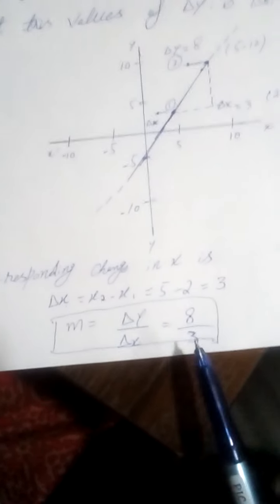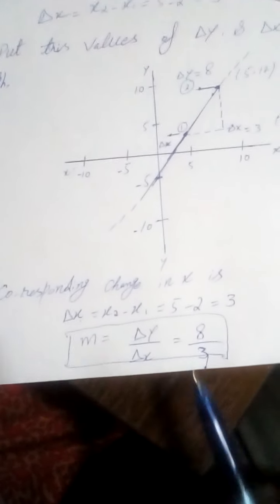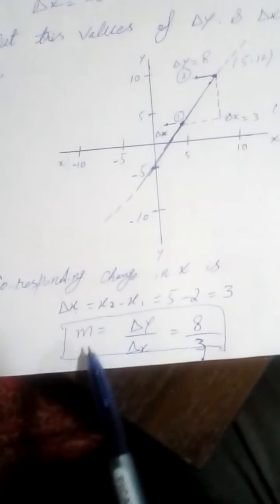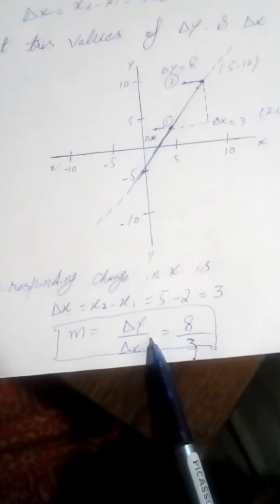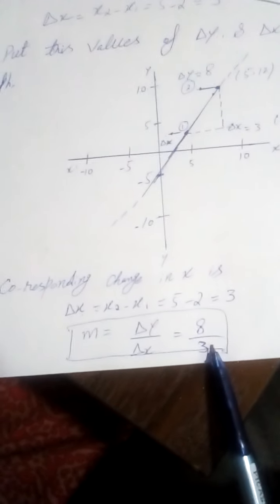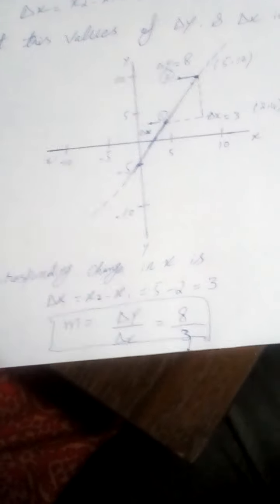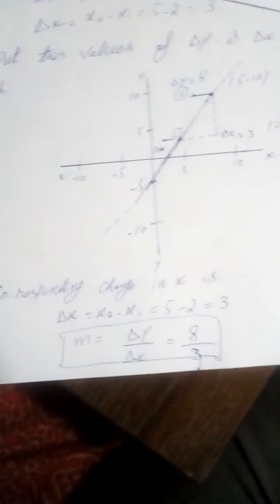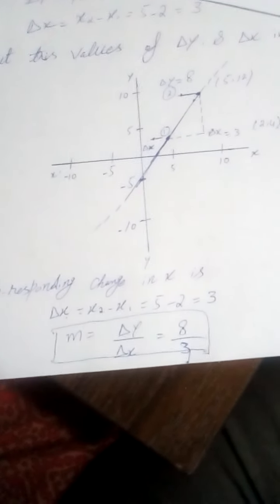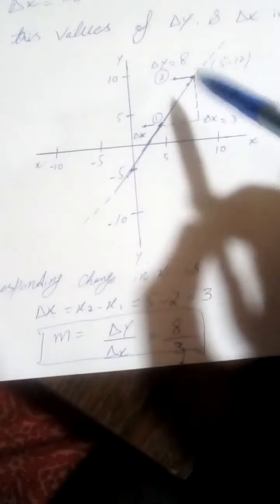When we have the two points with values x1, x2, y1, y2, we put them into this formula, nothing else. As we solve, it is 8 over 3, and if we divide, the value comes in decimals. This is our actual answer, and it is not necessary to draw it graphically, because the basic thing to draw is delta y and delta x.